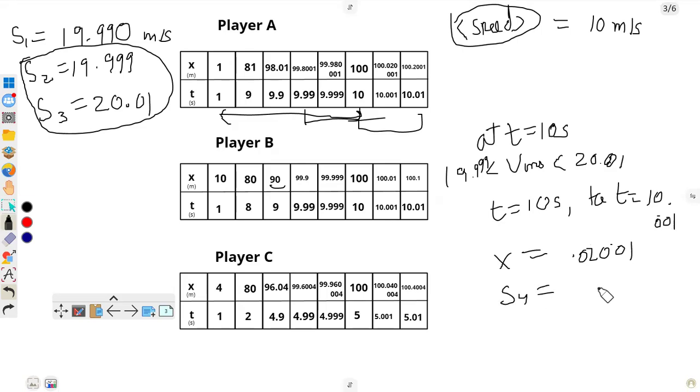S4 turns out to be 20.001. Okay. So now we also have a better approximation, 20.001. So now we can also say that our V instantaneous, the instantaneous velocity, will lie between 20.001. Is everything clear?